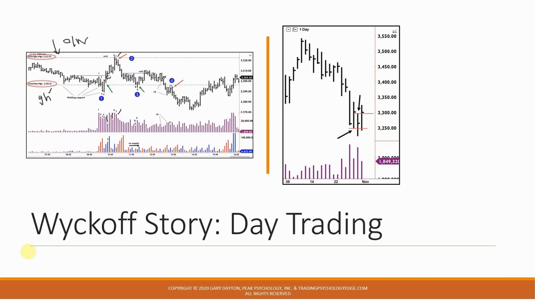Then we come down. Look at the ease of movement here. We're coming back underneath yesterday's high to go down and make these lows. Then we look for no demand, and there it is, a weak rally and no demand, and there's another opportunity to make a trade.